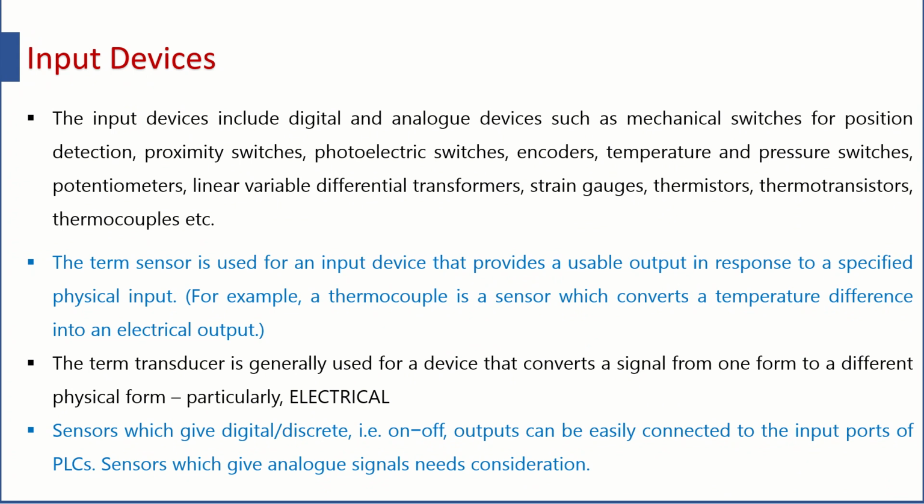Next comes the terminology transducer. Transducers are generally used for a device that converts a signal from one form to a different physical form. Particularly in the instrumentation terminology, such physical form is electrical. So a transducer will give you an electrical signal at the output. However, you may also call a motor, which is an actuator, a transducer, even although it is not defined that way.